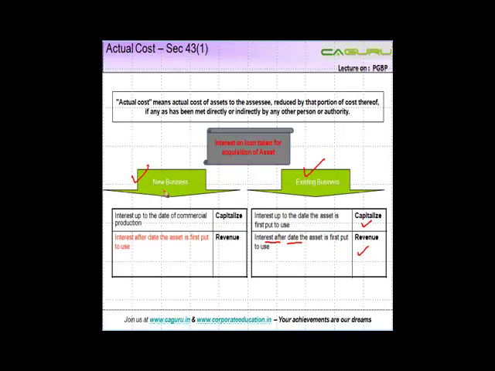Now, what happens in case of a new business? In a new business, suppose you acquired plant and machinery. Let's say acquisition was again done on 1/1/2011. Now this machinery was installed, as we took in the earlier example, on 1/7/2011. Okay, installed.